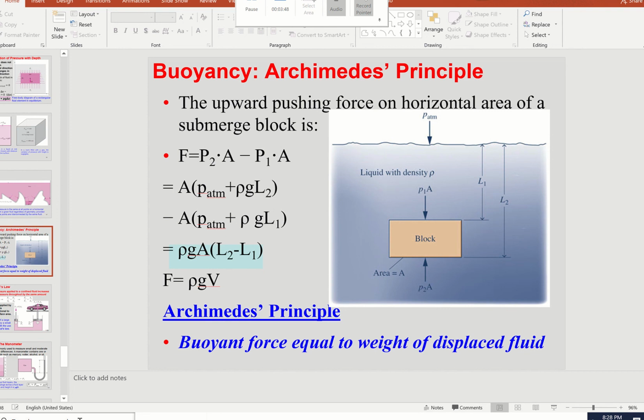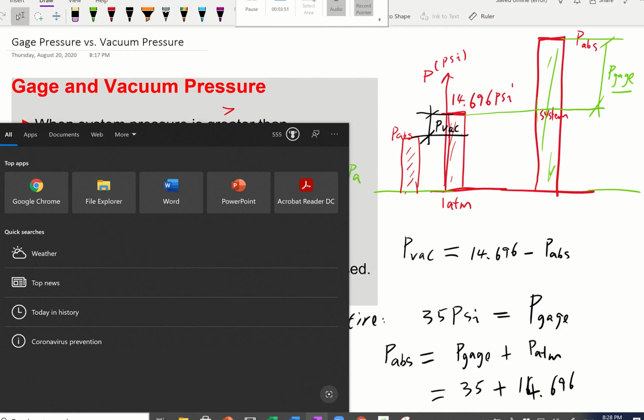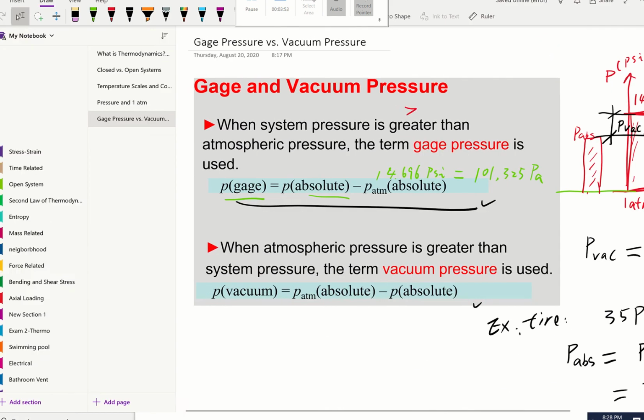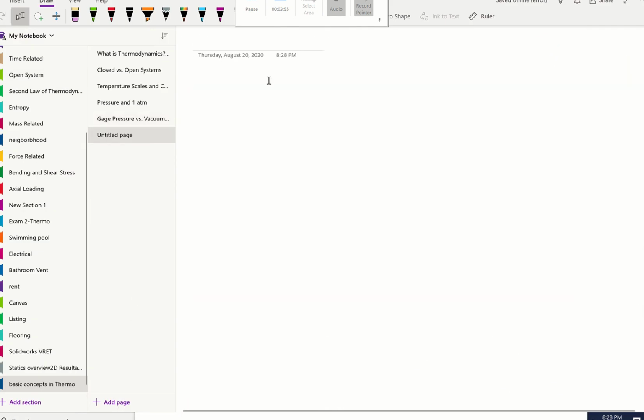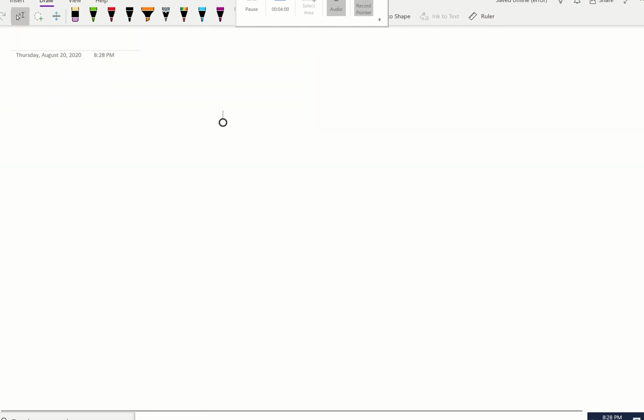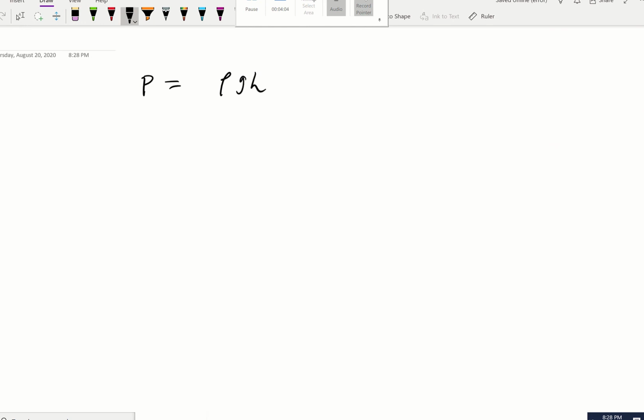All right, now we're going to look at something more about this P equals rho GH, and we're going to look at its units. So we talk about rho being the density. What's the density unit in the SI system? In the SI system, density is mass over volume.